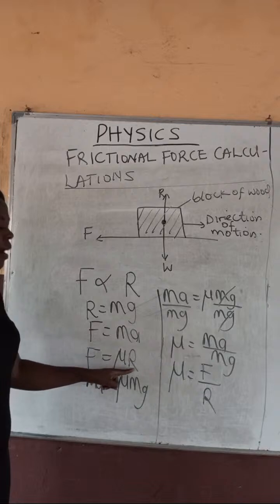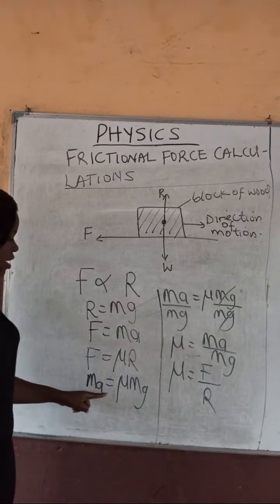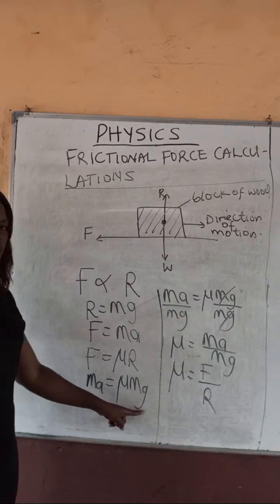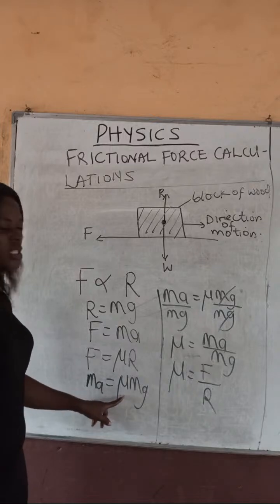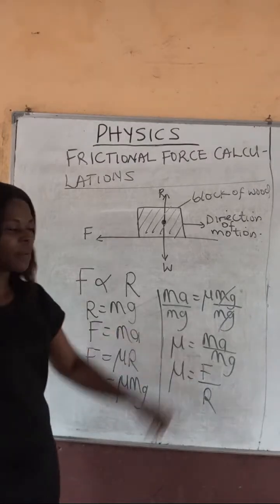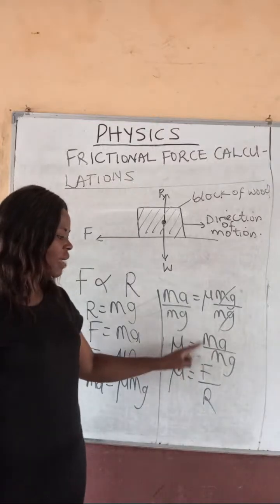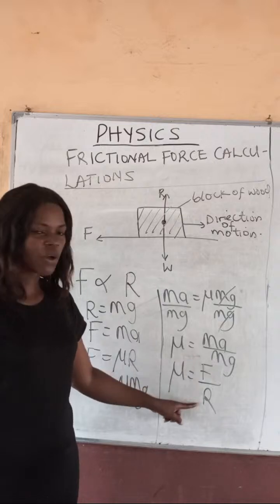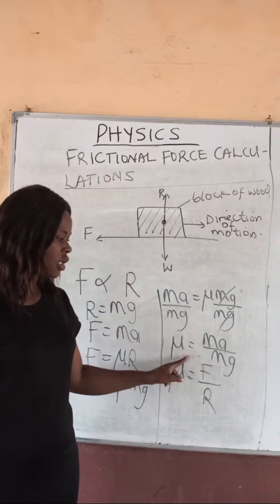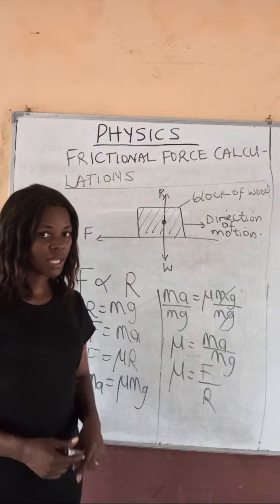This is mu R. Now, frictional force is equal to ma is equal to mu mg. If I want to make mu the subject, I'll divide both sides by mg. By the time I divide, I have mu is equal to ma over mg. What is mu? F over R. It's also the same thing as ma over mg. You understand now better?